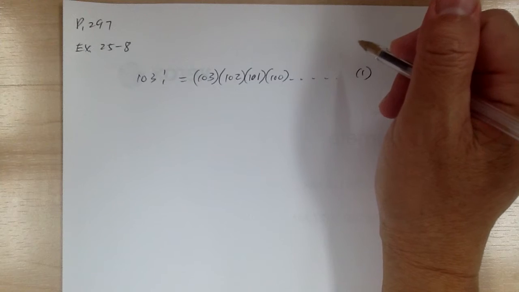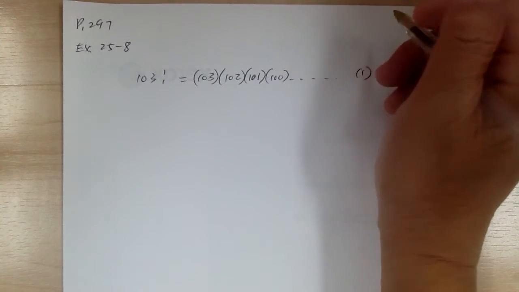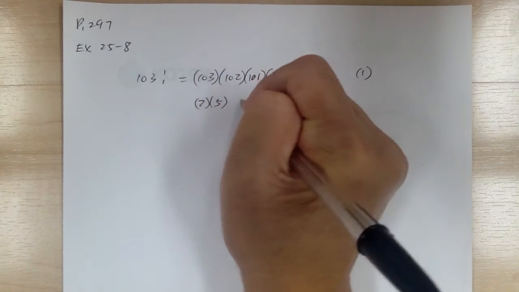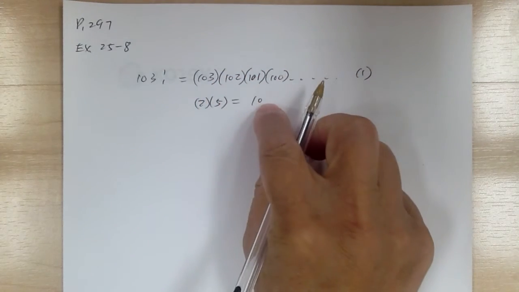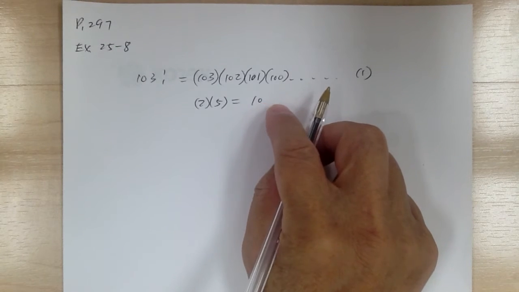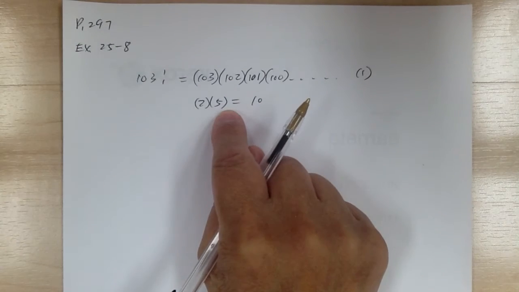The way to figure this out is to realize that 2 times 5 equals 10, and it will give you a 0. So basically you want to find out how many 2 times 5s there are.